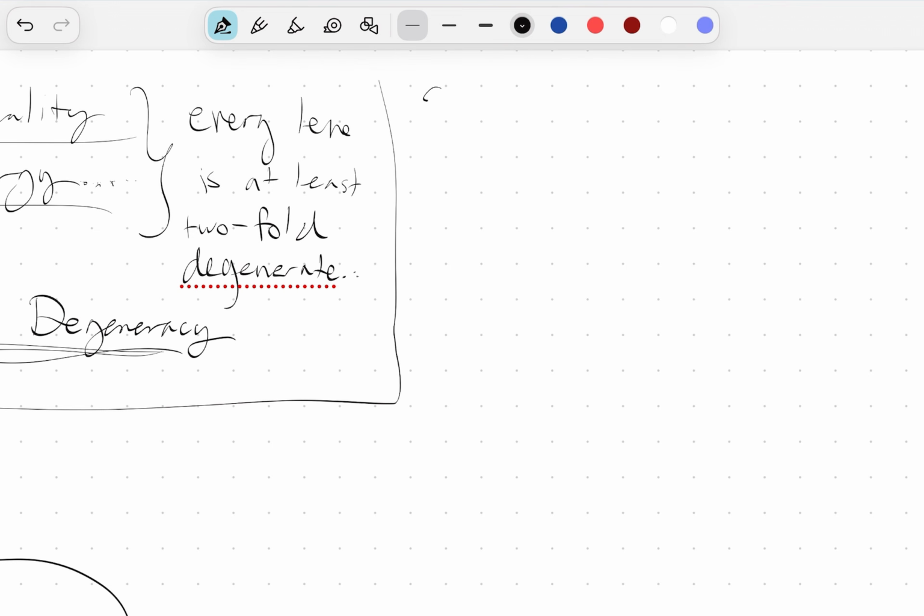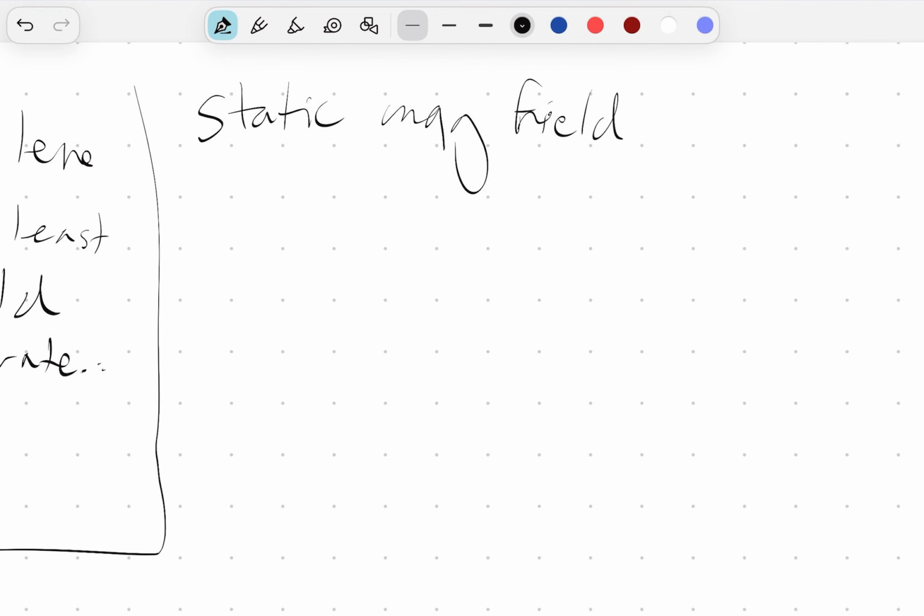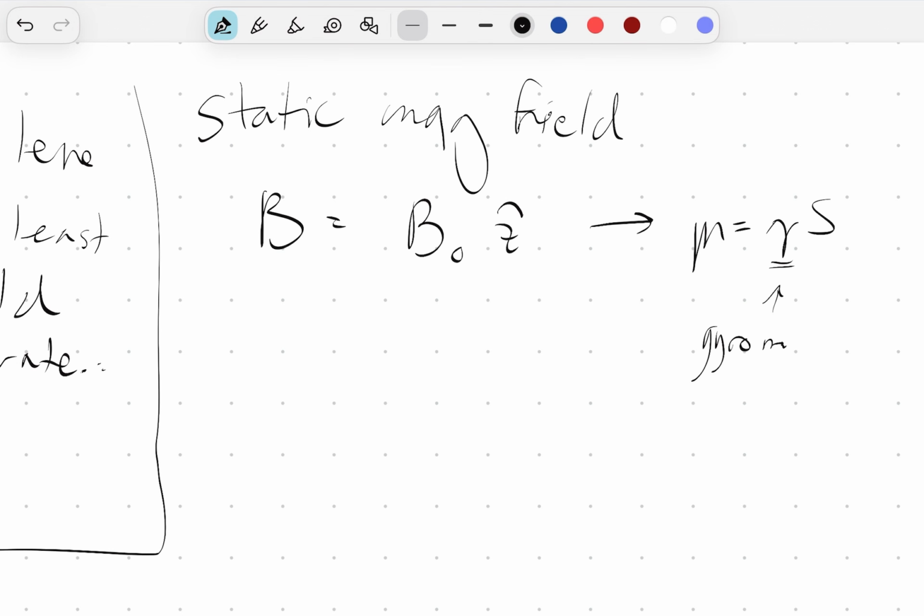So now let's introduce a static magnetic field B, so we'll say B0, and the magnetic moment is mu equals gamma acting on S, with this gamma being the gyromagnetic ratio.